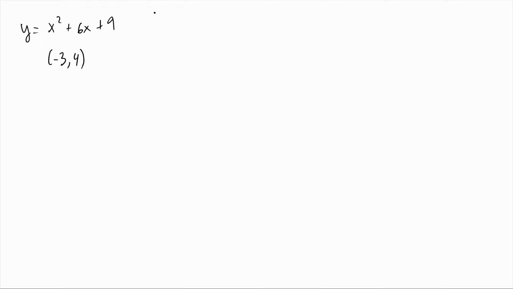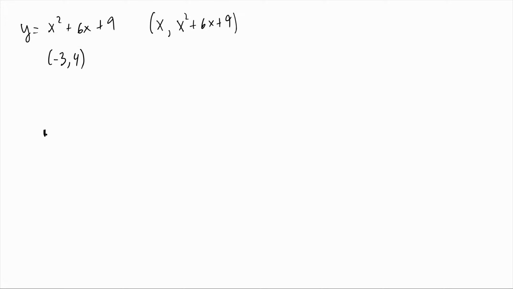What do the points on the curve depend on where we plot them? Well, it depends on x. It's a function, right? So the output depends on the input. So if the input's x, the output is, well, it's given to us right here, x squared plus 6x plus 9.